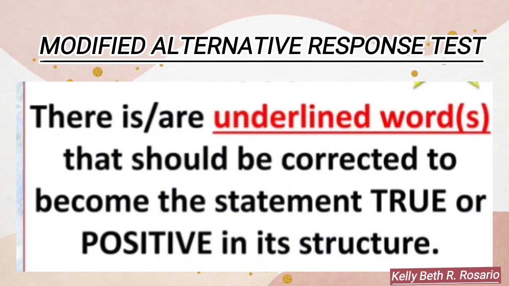In modified alternative response tests, there are underlined words that should be corrected to make the statement true or positive in its structure. Instead of answering false in the question, we need to change the underlined word into the correct word or statement.